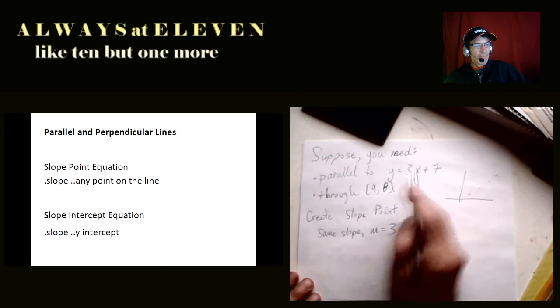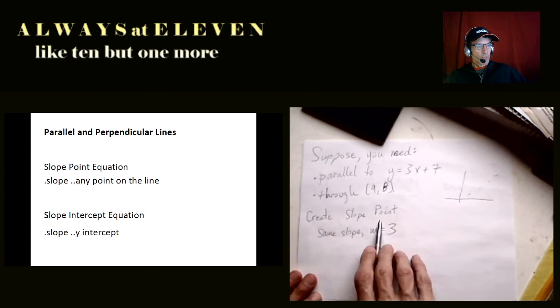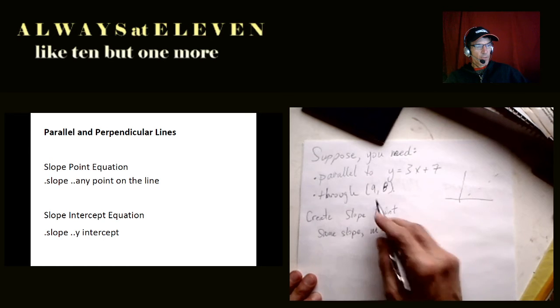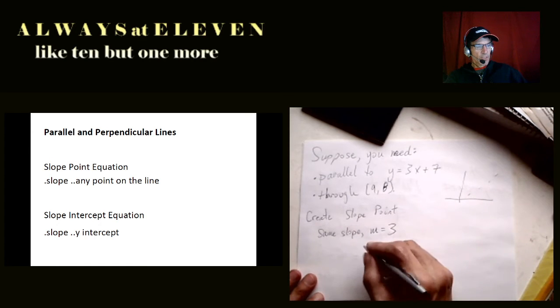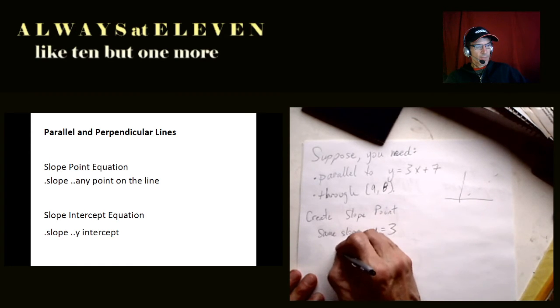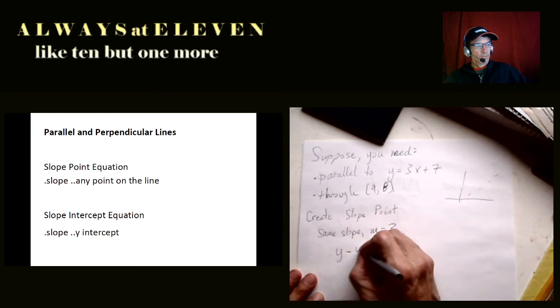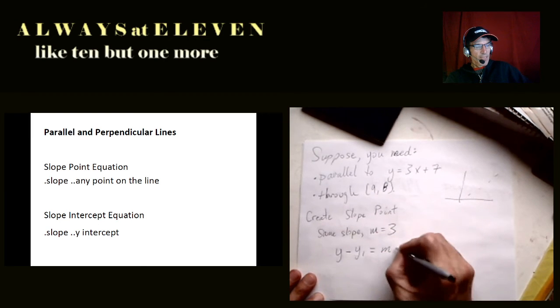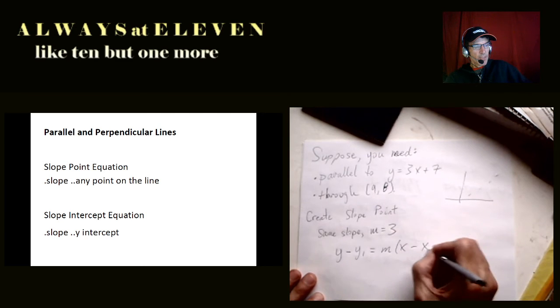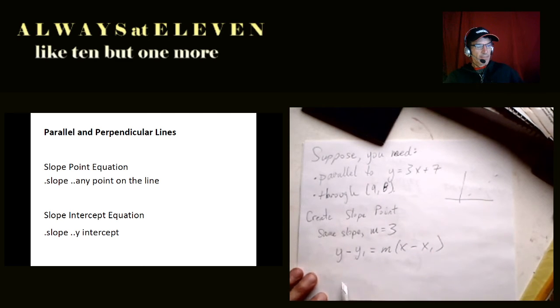For slope-point form, it goes into that point, (9, 8). So you can just set it up right away. y minus y1, write the equation first, and then do the substitution underneath. So that's the slope-point form of the equation.